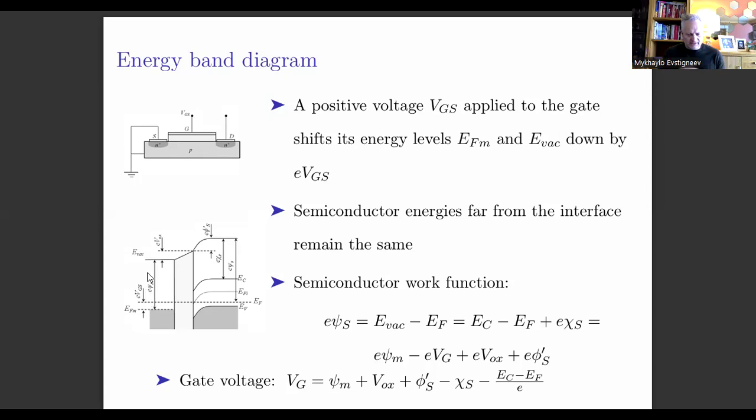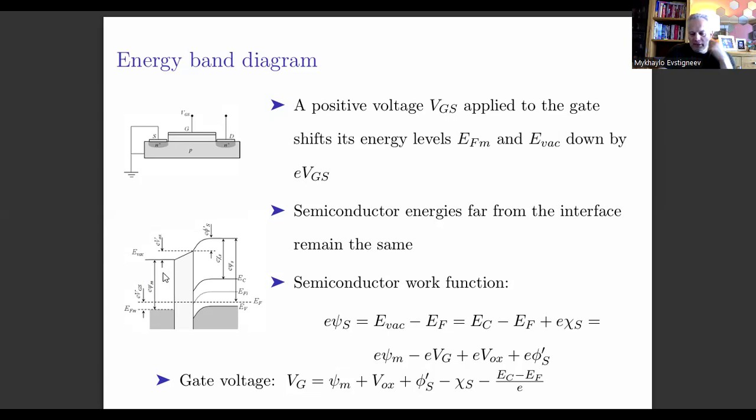As I said earlier, I will sometimes use V sub GS, sometimes V sub G, because I forget about the S. Since the source is grounded, its potential is zero, so it doesn't matter if you write an S subscript or not. The important thing is the G subscript, because it tells you that this voltage is applied to the gate.